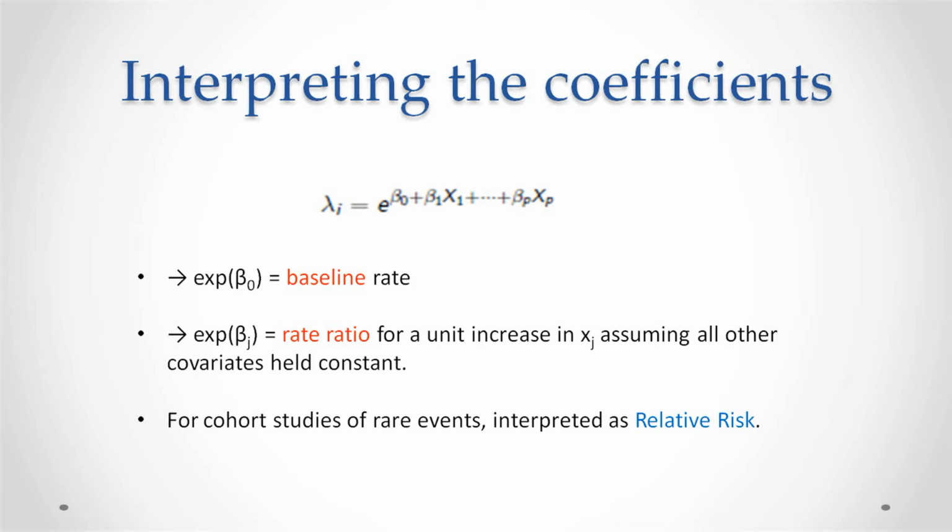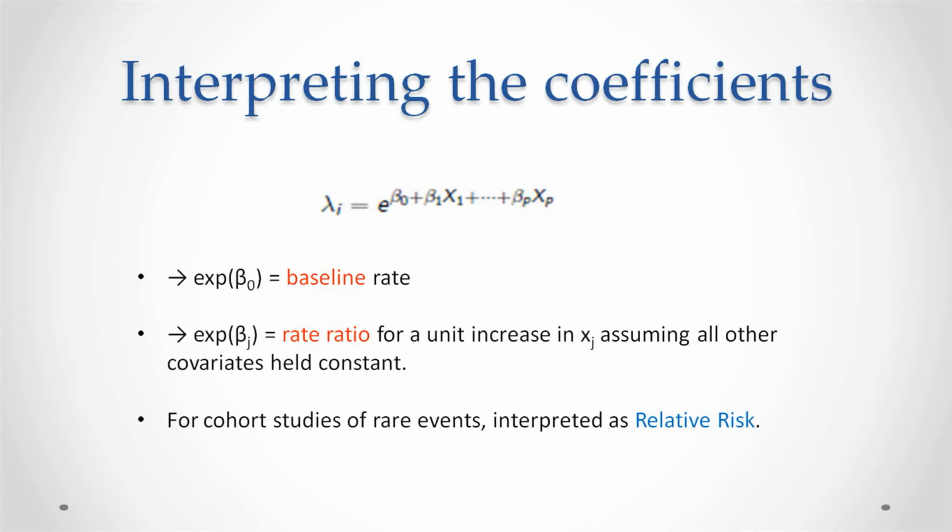For j equal to 1 to p, we can write out this model setting xj equal to some particular value x, and then setting xj equal to x plus 1, assuming that all other coefficients, all other variables are fixed.